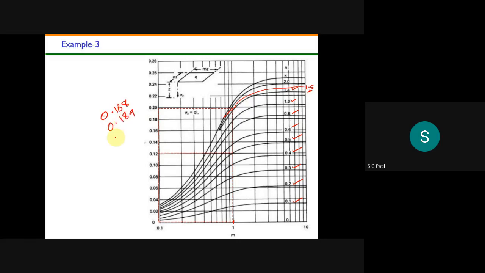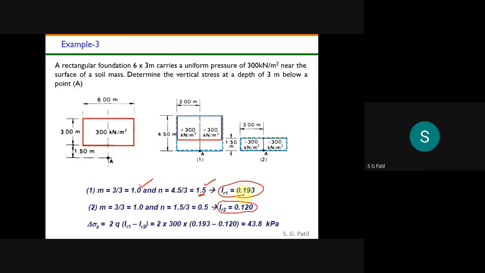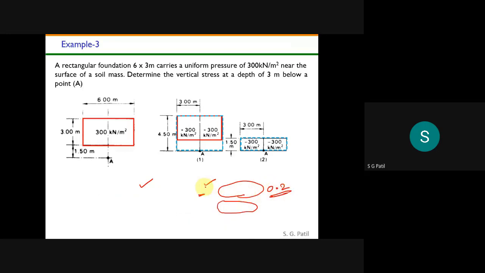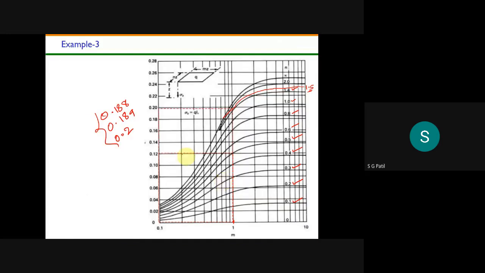Even if you take 0.2 also no problem. There is not much going to change. Understood, no? Here I got 0.193. It is almost 0.2 only, no? Even if you take 0.2, you are not going to get any error here.